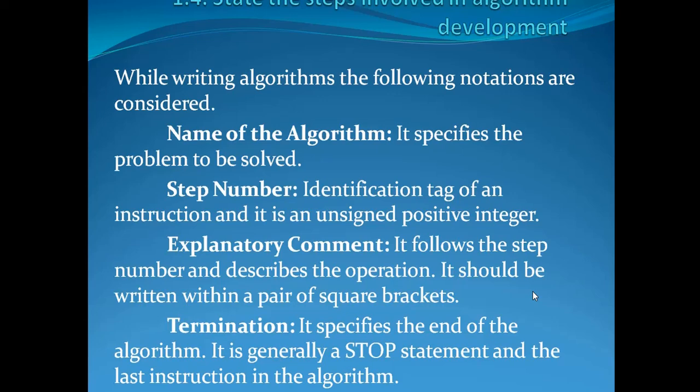So first we discuss the steps involved in algorithm development. See, while writing algorithms, the following notations are considered. We have to consider the name of the algorithm, step number, explanatory comments, and termination.